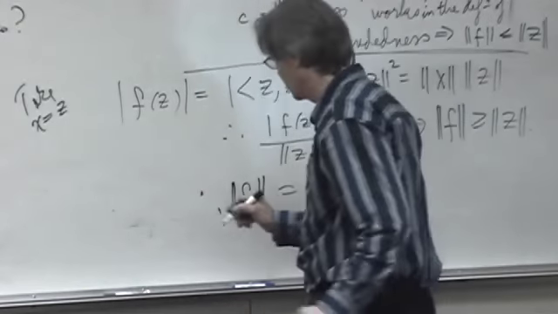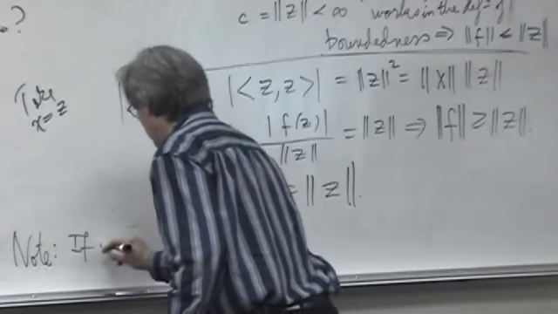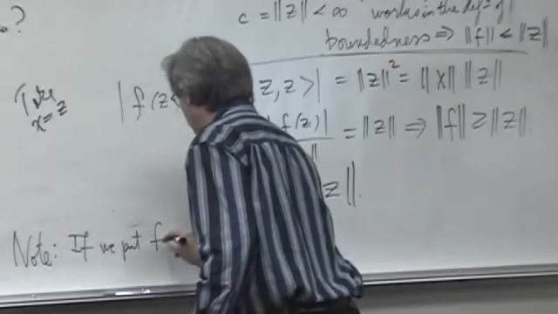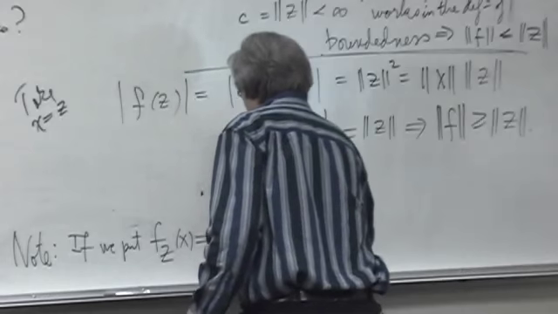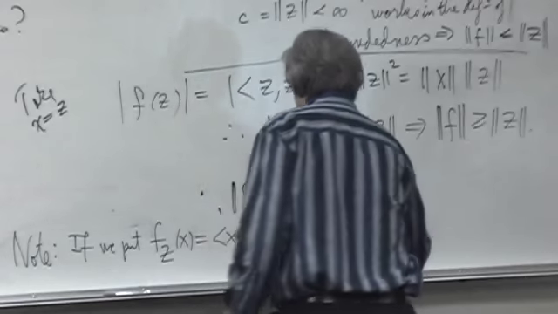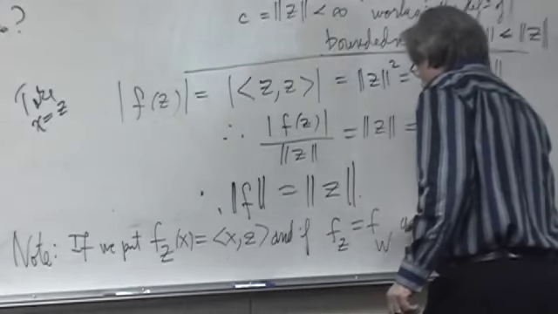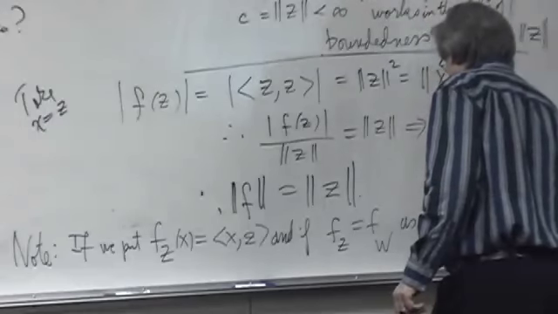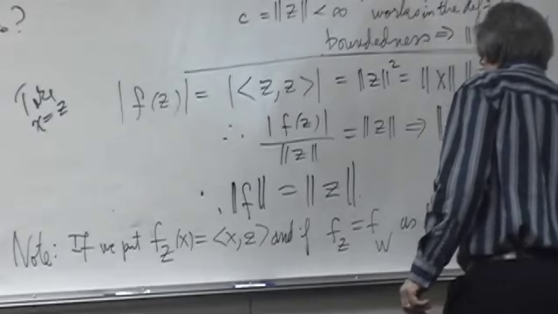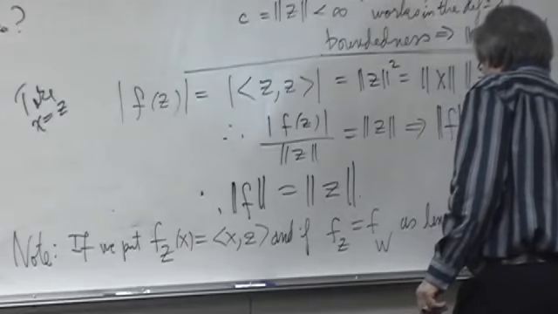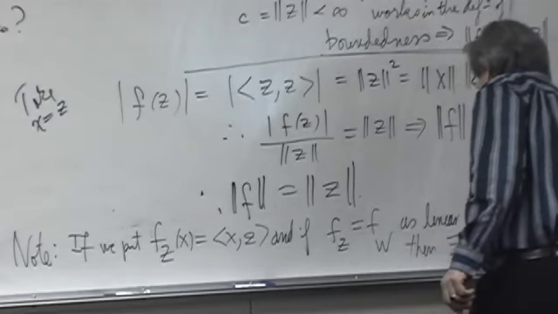Note, if we put f sub z of x equals xz, and if f sub z is equal to f sub w as linear functionals, then I claim that z equals w. That's quite easy.